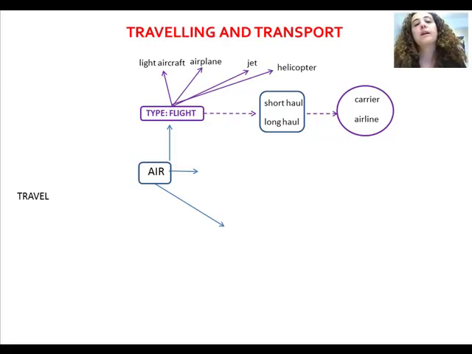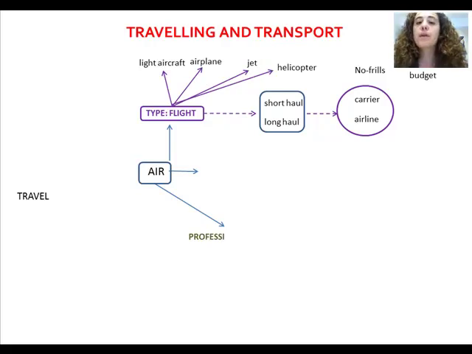And also, we can go beyond and try to describe a particular type of airline or carrier. In this case, I've chosen to talk about no frills, low cost, budget airlines, which are airlines that cost not as much money as the others. Let's put it that way, because they have no frills, which means that they provide no services on board.